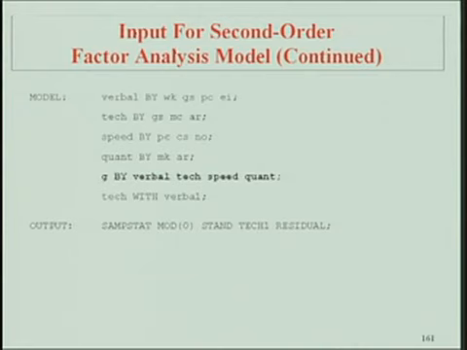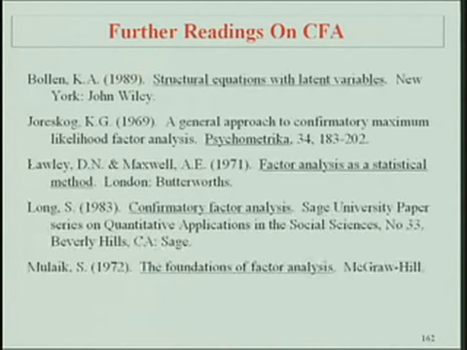If you're interested in that, you find it in that Yung 1999 Psychometrika article. Further readings on CFA: it's a big topic, and we're only touching on it very lightly. Ken Bollen wrote a nice book on structural equations with latent variables. It's structural equation modeling, but CFA as a special case. Here's Jöreskog's classic breakthrough article. Here's a classic text, which I actually used in graduate school in statistics.